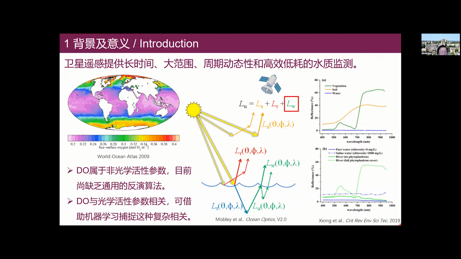Data-driven machine learning is continuously applied in water quality retrieval by remote sensing. More and more robust algorithms improve the ability to capture the correlation between remote sensing reflectance and non-optically active parameters, which provides a substantial basis for accurate retrieval.